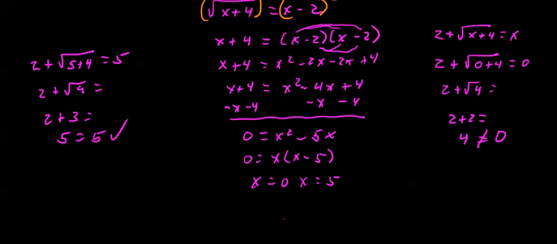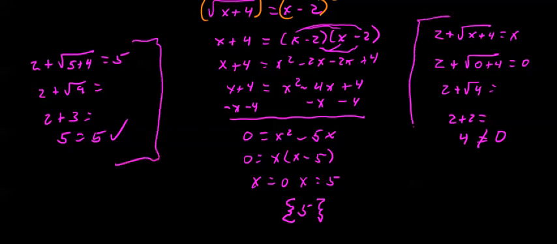It checks. We're good to go. Our final answer then is 5. All right? Make sure you do the check exactly like I've done it here. No shortcuts on doing our check. Absolutely none.